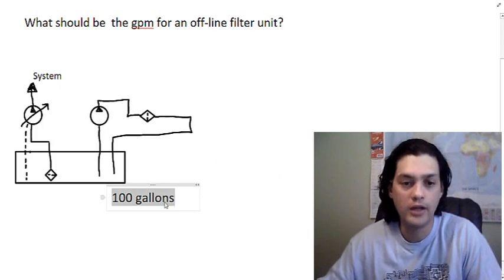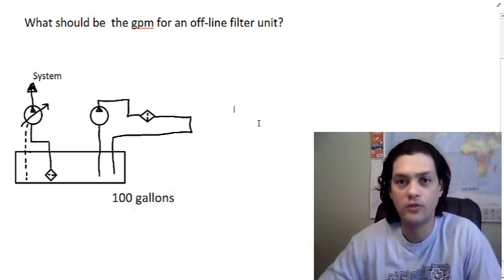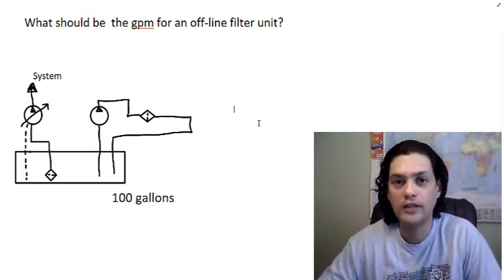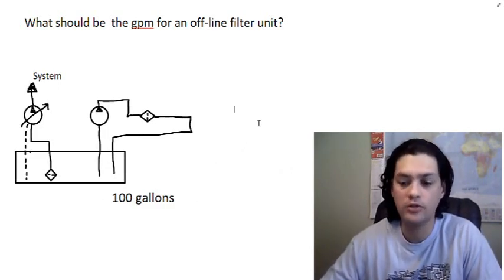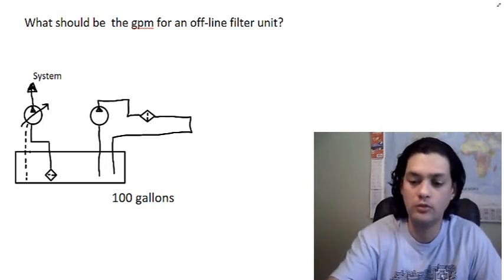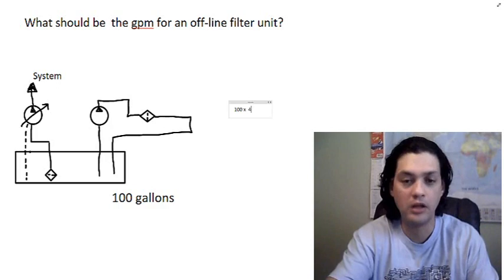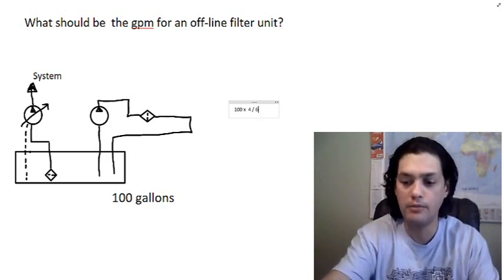So the first thing we look at is the reservoir. Let's say we have a 100-gallon reservoir. The idea is to recirculate the hydraulic tank 3 to 4 times per hour. So if you have 100 gallons, you do 100 times 4, let's put the bigger one, 4, and you divide it by 60 minutes.